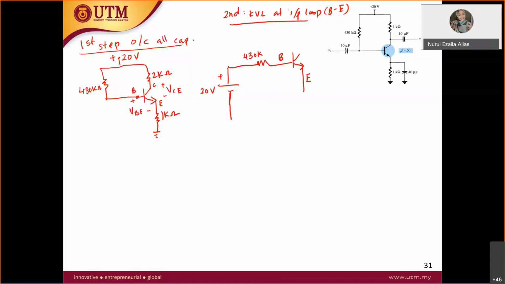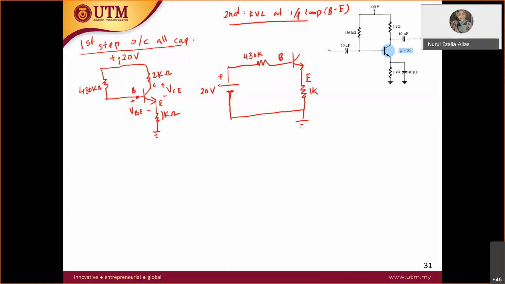Leave it there just like that. And then at the emitter, what do you have here? You have resistor 1K ohm. So you put your resistor 1K ohm here. Where does it go? To the ground. So your negative voltage of the 20 volt also goes to the ground. So you have 1K here.